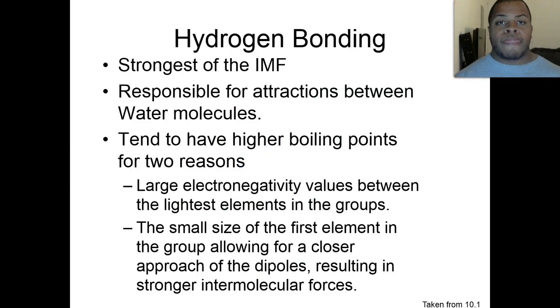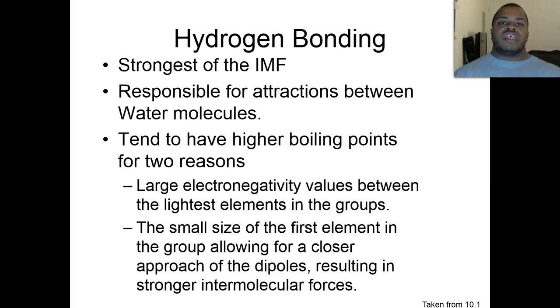as we go throughout the year. Now, the second type of intermolecular force we're going to deal with is hydrogen bonding. This is going to be the strongest of all of our intermolecular forces. We only talk about three, but this is the strongest one. This is what's responsible for what we call surface tension in water.